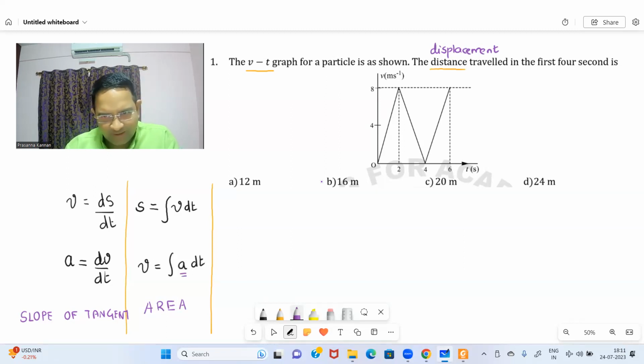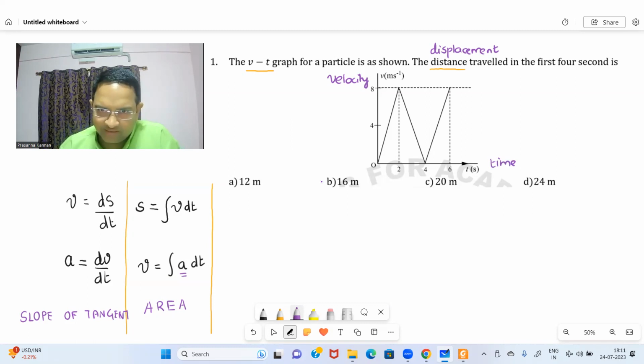Is it possible to tell from the graph? And if so, how? What graph is this? This is a velocity time graph. Sir, if the graph is containing negative, then the particle will change direction.